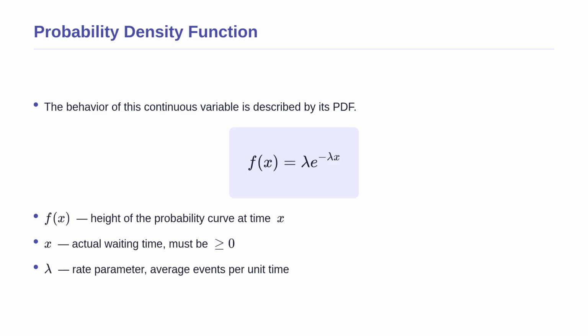The variable x is our actual waiting time. Because x is in the exponent and multiplied by a negative lambda, as the waiting time x increases, the overall probability drops towards 0. Physically, this perfectly matches our intuition. Shorter waiting times are highly likely, but the chance of waiting an incredibly long time gets smaller and smaller the longer you wait.